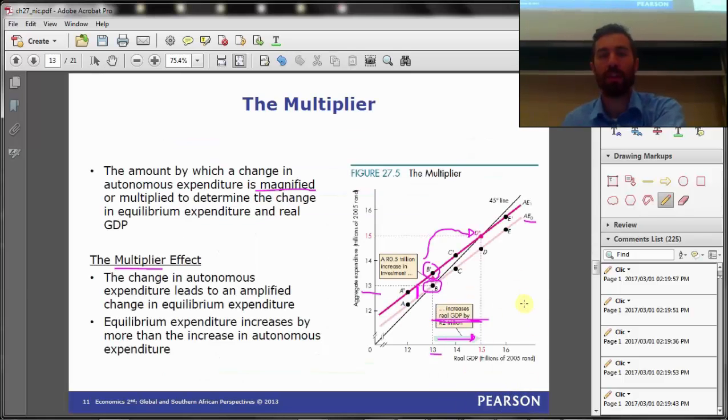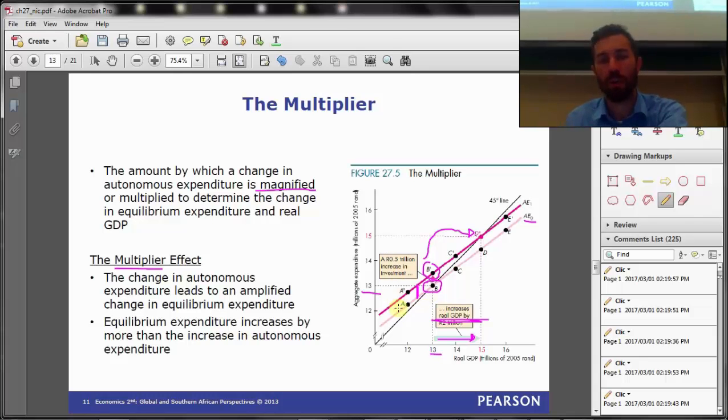So we basically just spent a lot of time deriving this model, talking about its mechanics, how it works. We introduced something called the multiplier. What the multiplier means is that even though I shift my curve up by a small amount, in other words, I change the level of autonomous aggregate expenditure by a small amount, so if I shift this intercept on the y-axis up by a small amount, I end up moving the equilibrium point by a large amount, so that my actual change in GDP is much larger than the upward shift in the aggregate expenditure curve.